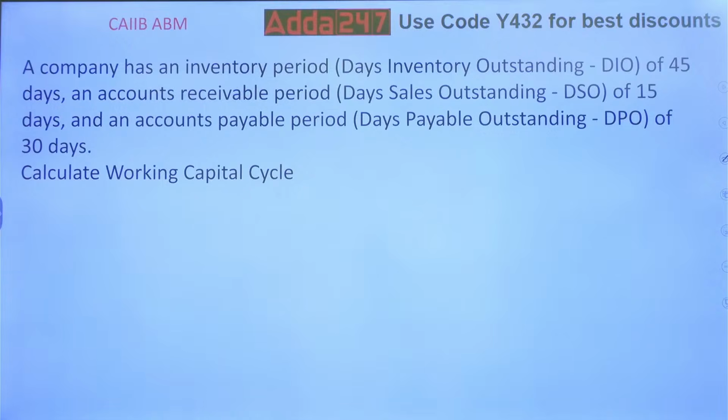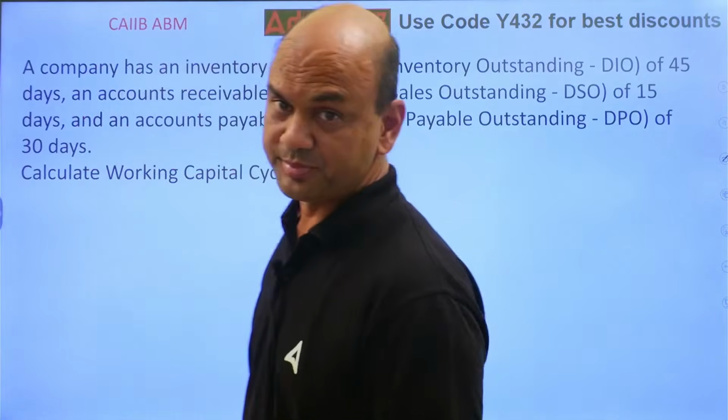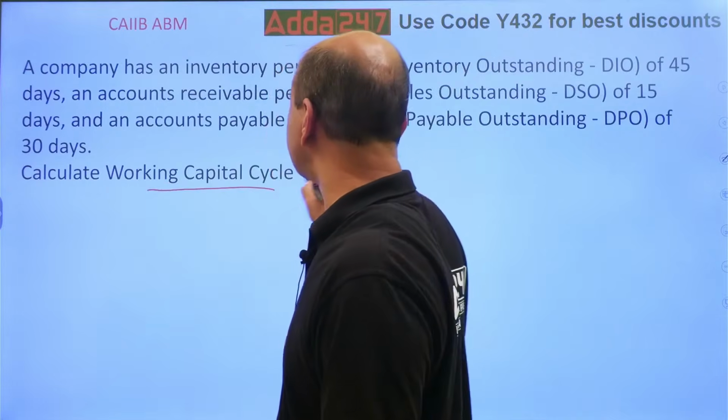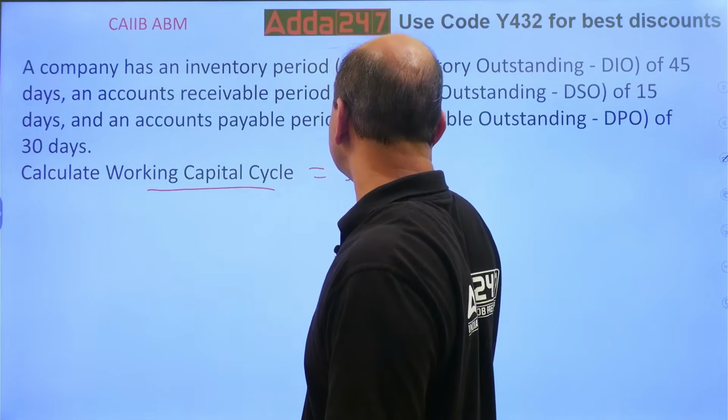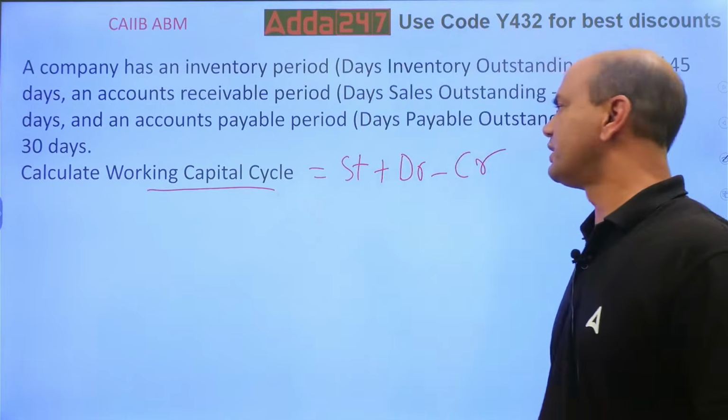I will not only give you the answer. This answer is very simple for you, so I will give you something else also. Firstly, understand the answer is stock plus debtors minus creditors, right?